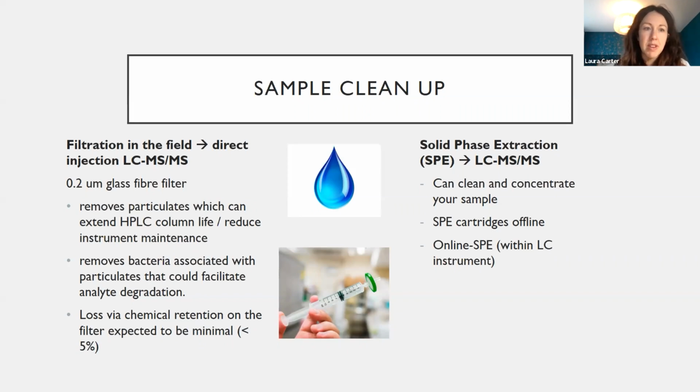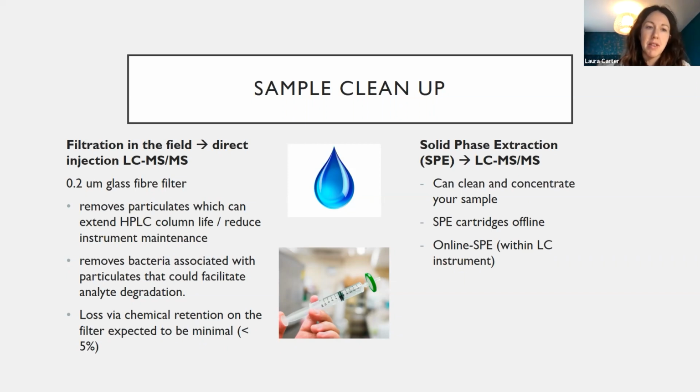One study that I'm familiar with looked at about 26 compounds with different properties. So it's acids, bases, amphoters, with chemicals ranging in hydrophobicity, and they found that the losses were less than 5%. So as I said, relatively simple. You take your sample, you filter it, and then it's ready for analysis.